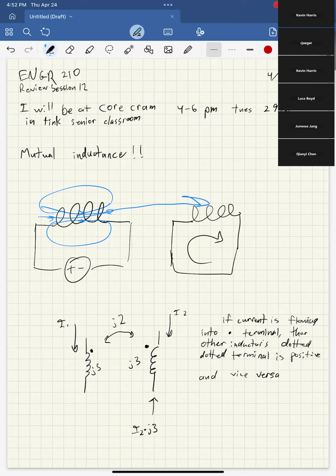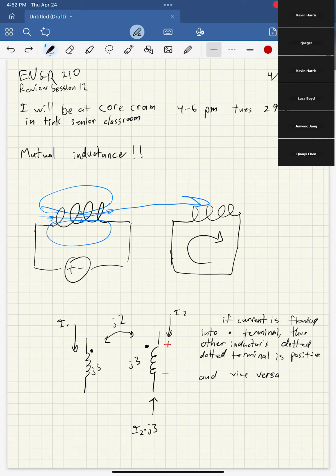However, with the mutual inductance, we look at how the other one affects it. This is where the mutual inductance term comes in. What direction is the current flowing in here? It's flowing in from the dotted terminal, so the induced voltage on the other inductor is positive on the dot and not positive on the negative side. This tells you which sign to use for the passive sign convention.